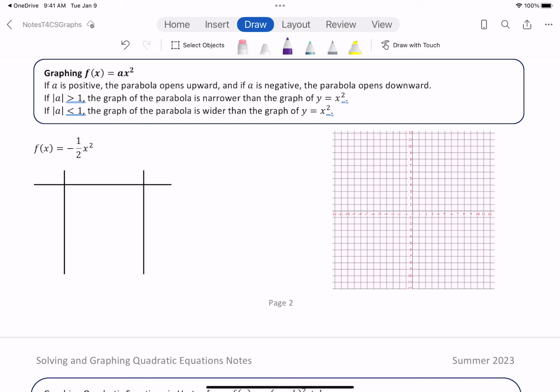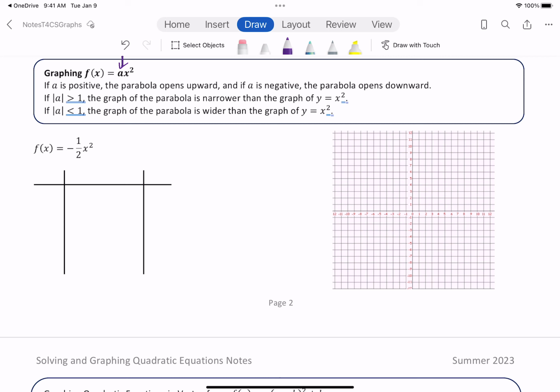The first kind of thing that we can have that affects the graph of a parabola is having a constant out in front of that squared term. If that number is positive, the parabola is going to open up. If that a is negative, the parabola opens down.